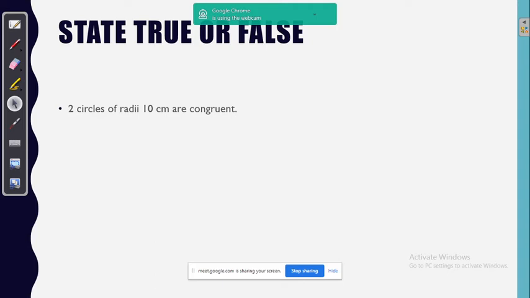Answer through chat box. Let me see all the answers. I got only 5. What about Venkat? What do you think?